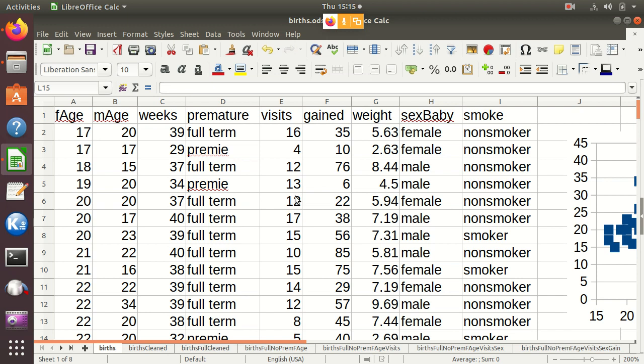And then smoking, whether the mother was a smoker or a non-smoker. So these are just some data. But suppose you were asking the research question, does there seem to be a relationship or an association between whether a mother smokes or not and the weight of her baby?